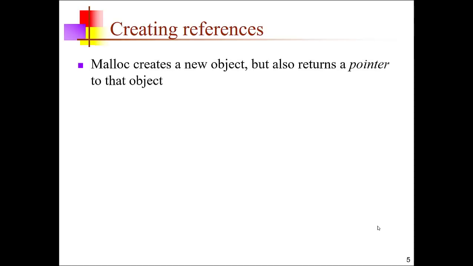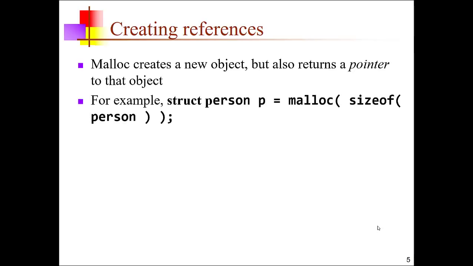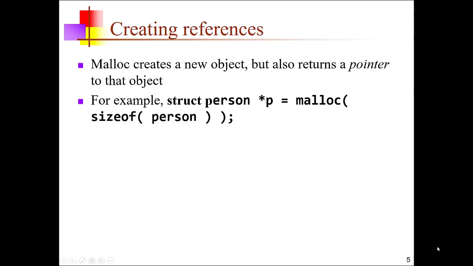Okay, so malloc is what we use to allocate any kind of object or structure or array or whatever. Malloc returns a pointer to whatever that object is that you allocated. And here's an example. Struct person P. That actually should. Yeah, I just did a quick edit on these slides.